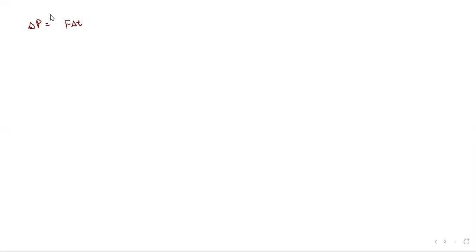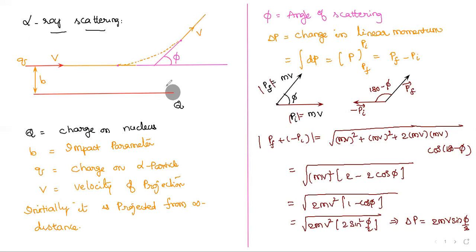Since force direction and magnitude continuously change, why? Because the separation continuously changes here and the direction of the repulsive force between them also continuously changes. That's why I have to go to integration. So delta P, I write, is integral F dt.